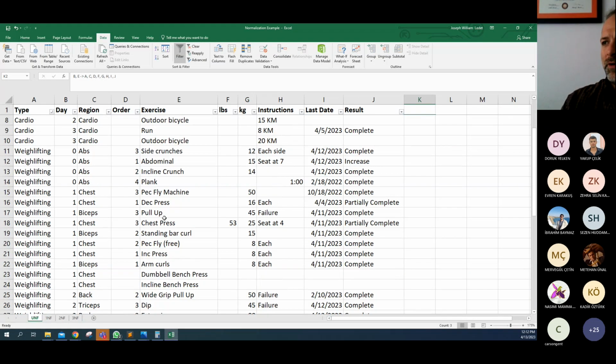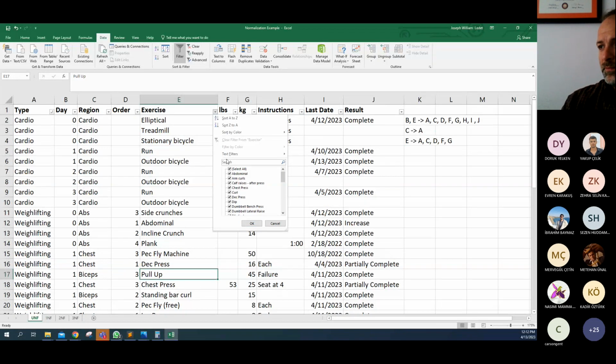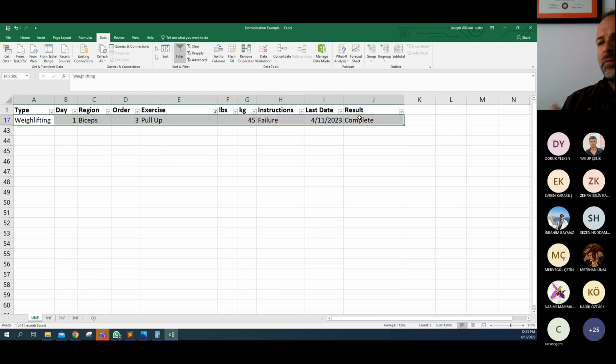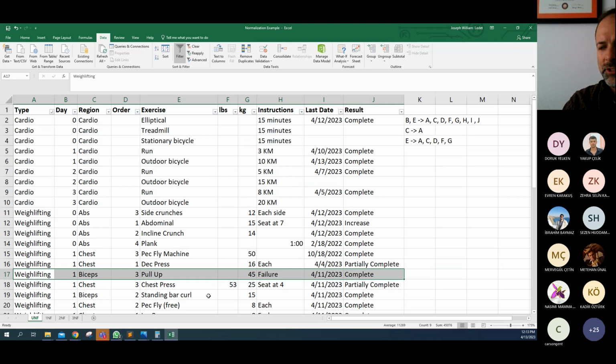If I wanted to know about the pull-up, I would simply say, show me pull-up. Now I've got all that information staring me right in the face, all in one place, all easy for me to figure out, right? But for the computer, for the database to maintain this information is a lot harder.